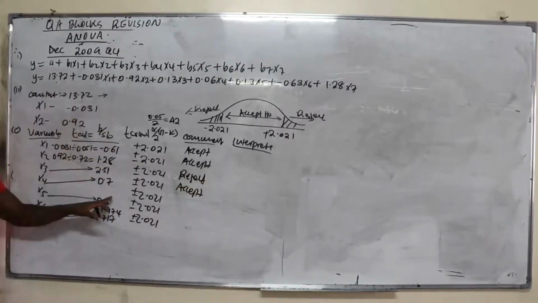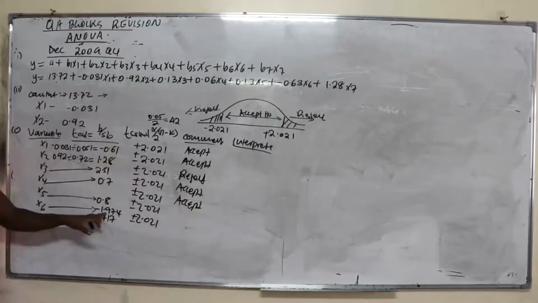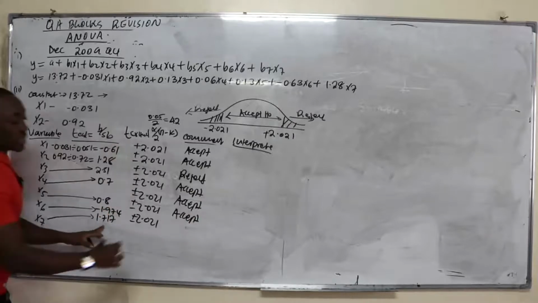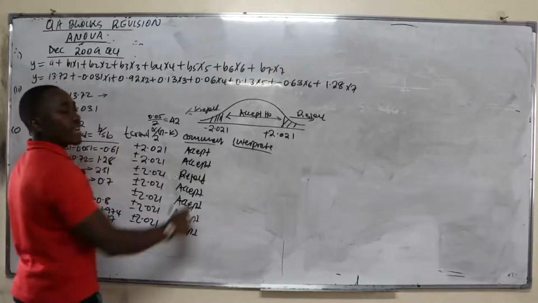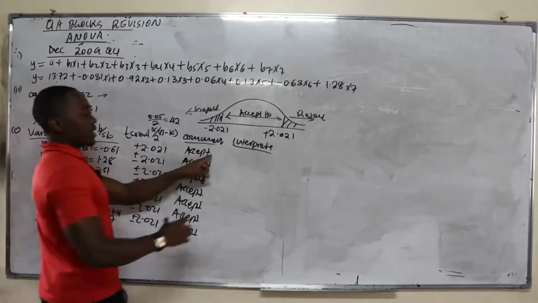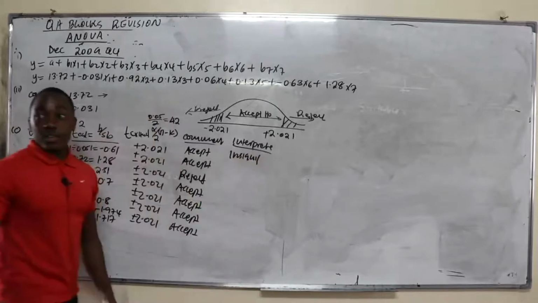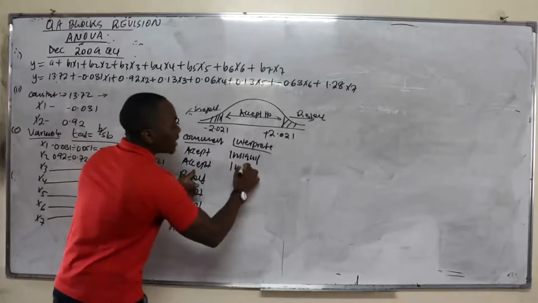0.7, accept. 0.8, 1.9, 1.7, accept. Interpret: is it significant or insignificant? Accept means insignificant.